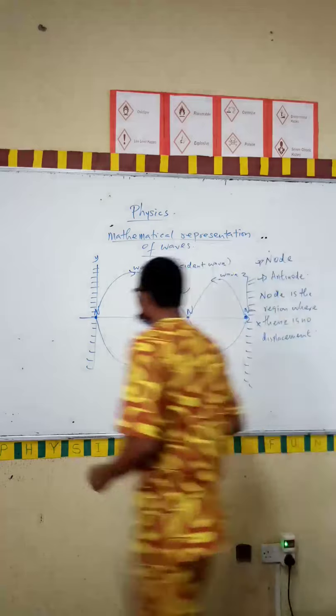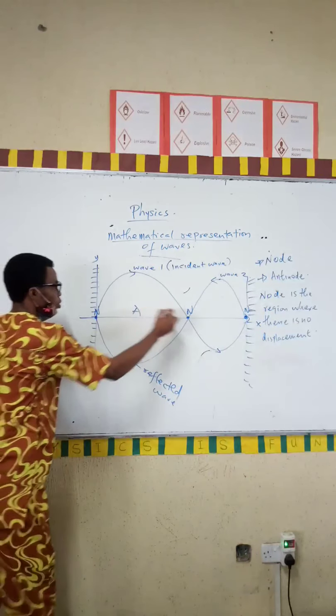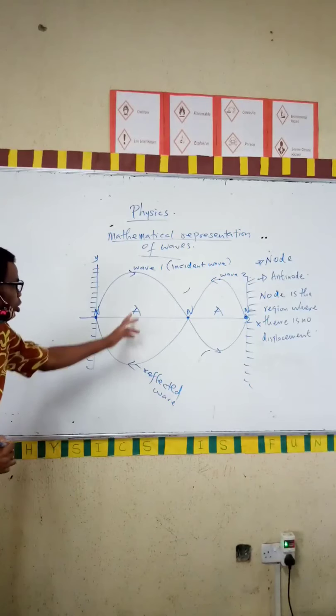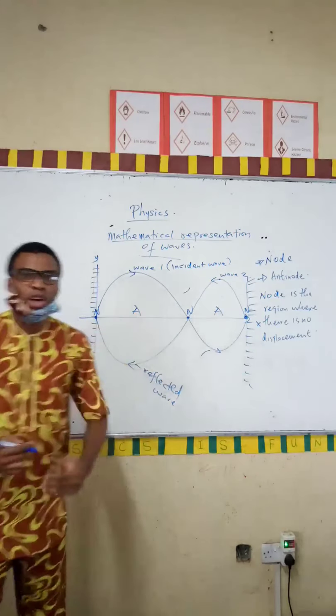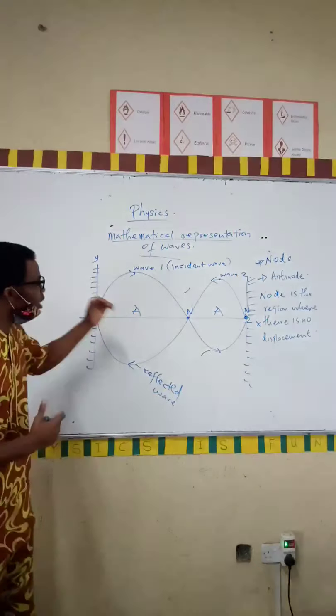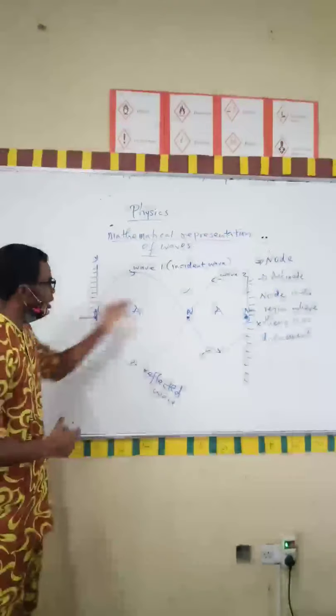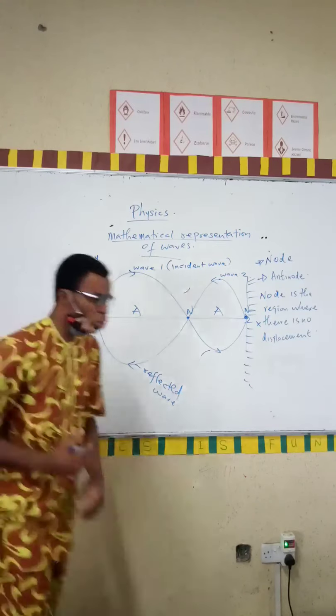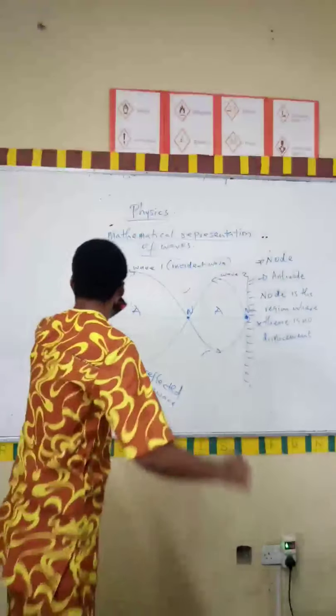Also, we have antinode. So antinode is the region in a stationary or standing wave where there is displacement. Please take note.